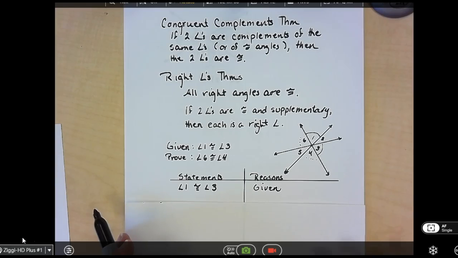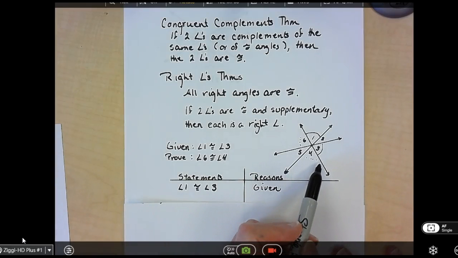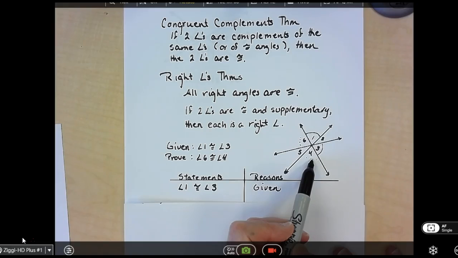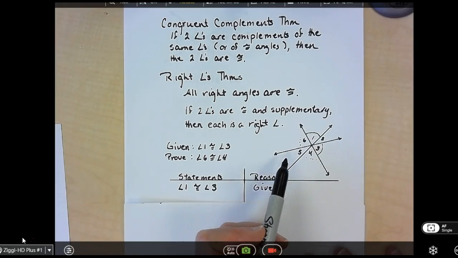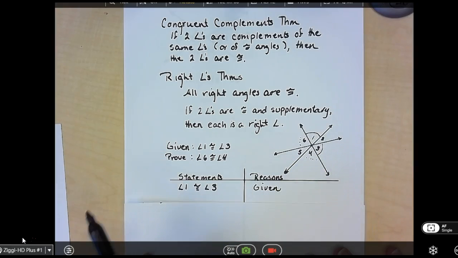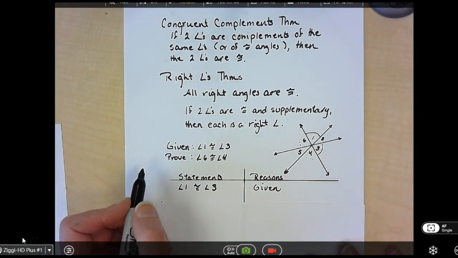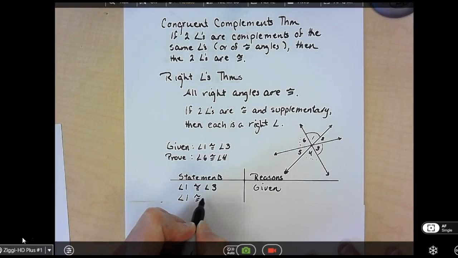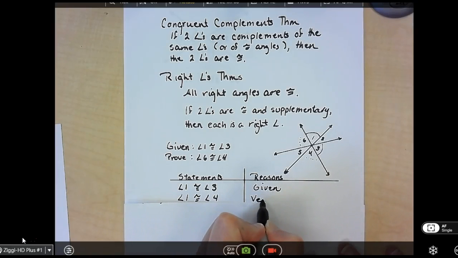So now I have to look further. In my drawing, do I know anything about angle 1? Well, yeah. It's a vertical angle with angle 4. And I need angle 4. So I know angle 1 is congruent to angle 4 because vertical angles are congruent.